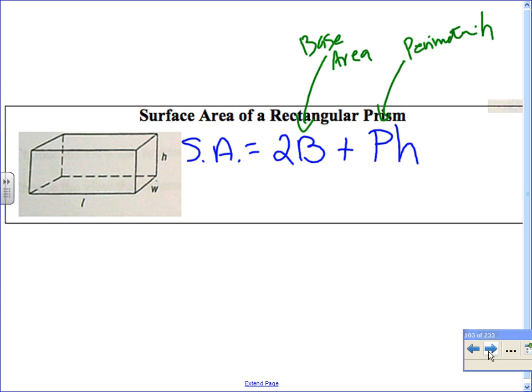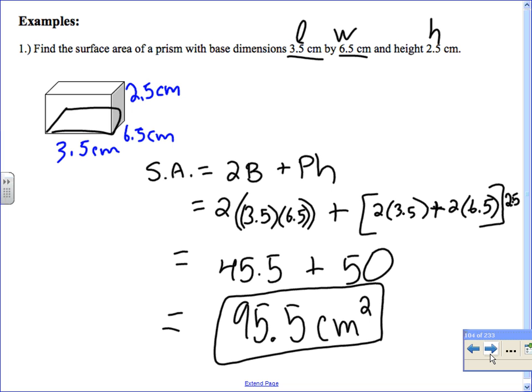This formula is finding the area of every single side and adding them together. So instead of breaking it all down and finding the area of each face, we're just making it all in one step. This works every single time, and this is the formula that you guys will use in geometry as well. So are you just confused with what we plugged in?